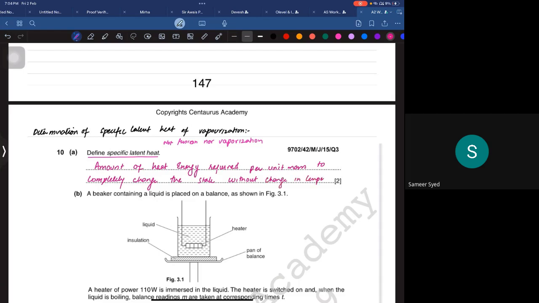We're not going to specify now that we are changing solid to liquid or liquid to gas or vice versa. We will just write it in general terms that we are going to change the state.